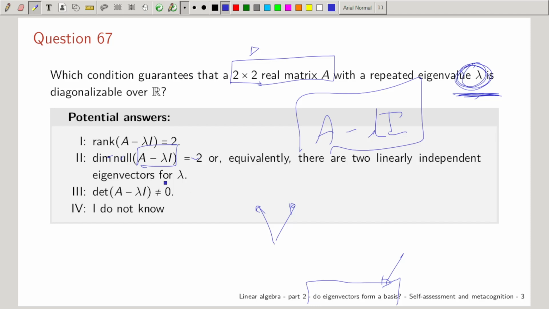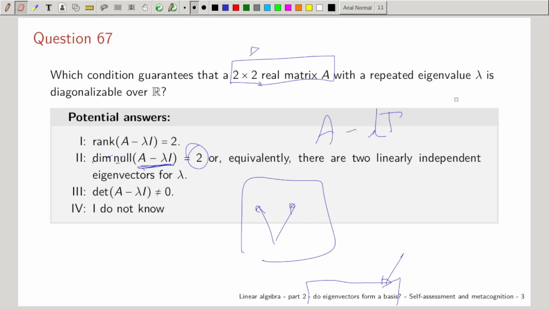But every v in the kernel of this matrix is an eigenvector. The fact that the dimension of the kernel of this modified matrix is 2 means that I can choose 2 linearly independent eigenvectors. It means I'm able to find a basis. How much are we together, people?